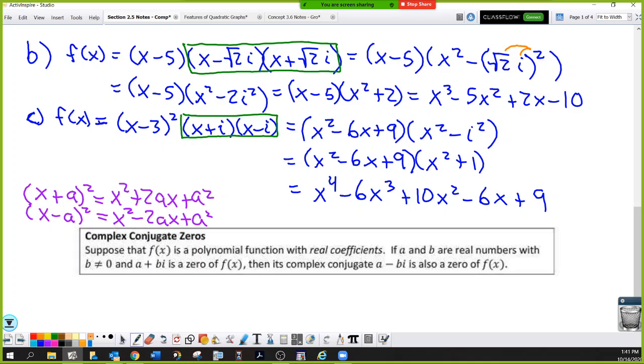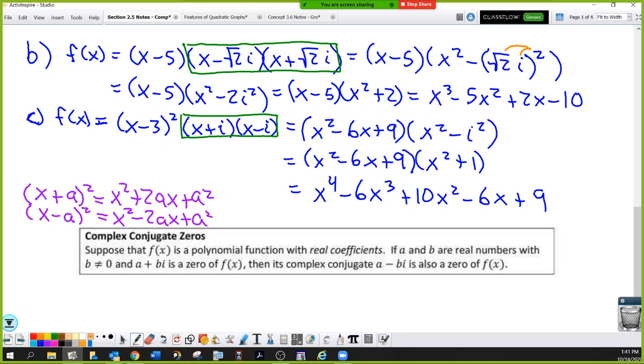So what was the purpose of all of the stuff we just did? Someone in first period was like, I don't understand why we're FOILing these things back out. And I said, well, because I was just trying to prove to you that yes, a string of linear factors will multiply to give you a polynomial with real coefficients. But how did we pull off the result of real coefficients?